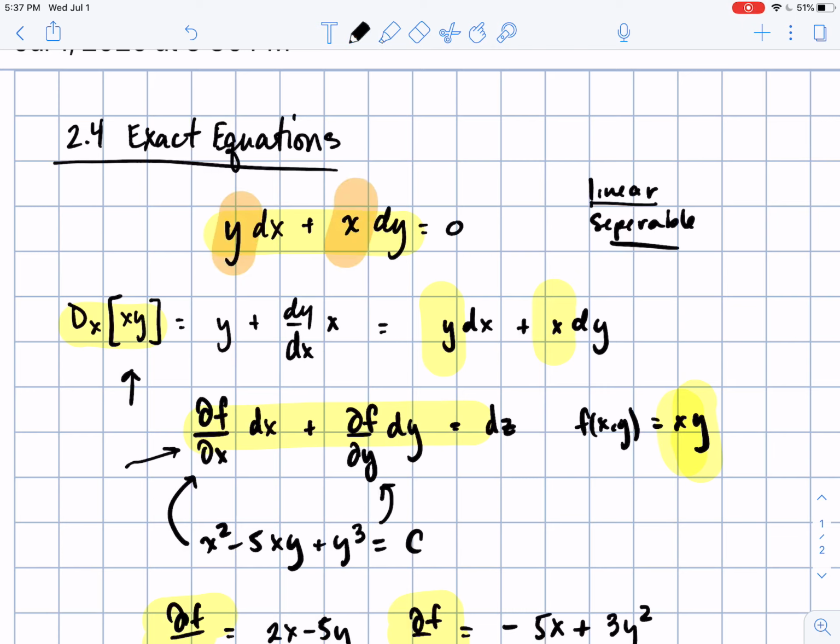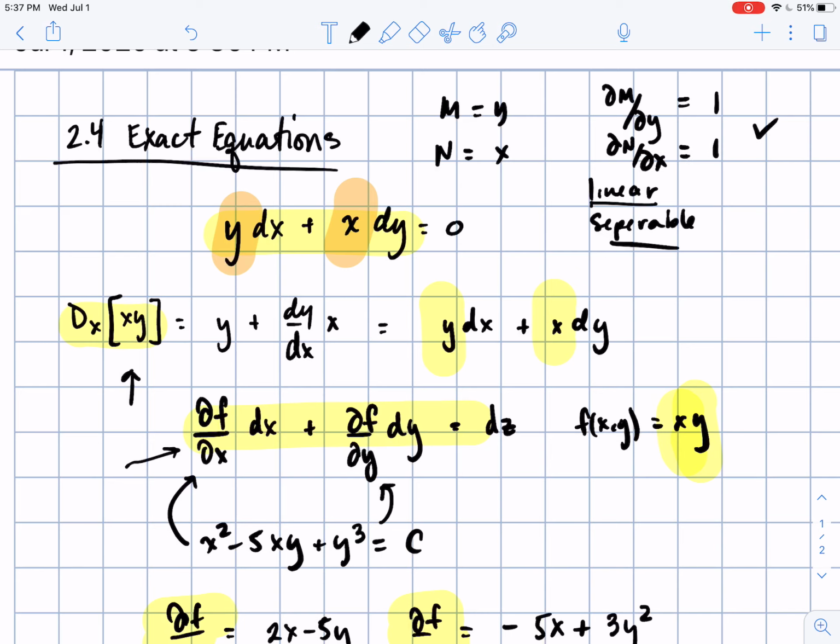So in this situation, my M, because it's first, is with the x. Not because it's first, sometimes they rearrange them. But here M is y, N is x, right? So what's my partial of M with respect to y? Well, that's going to be 1, and your partial of N with respect to x is also 1.